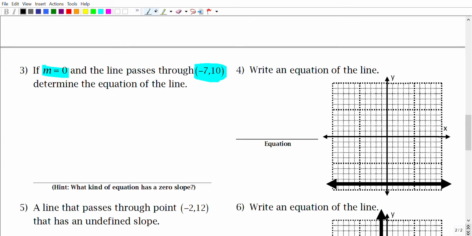So this essentially is asking me what if my slope is 0 and it passes through the point -7, 10, determine the equation of the line. So our hint down here says what kind of an equation has a 0 slope? Is it the vertical, which starts with x equals, or is it the horizontal, which starts with y equals?